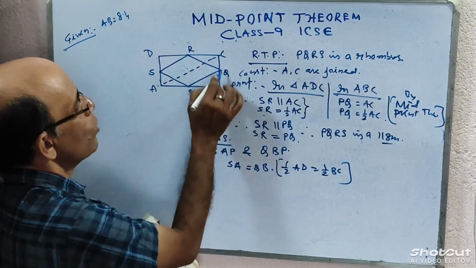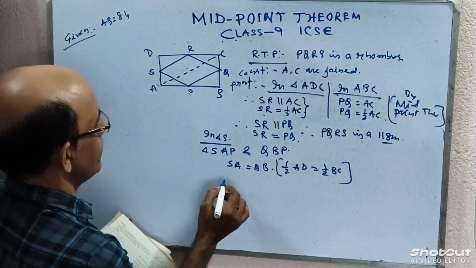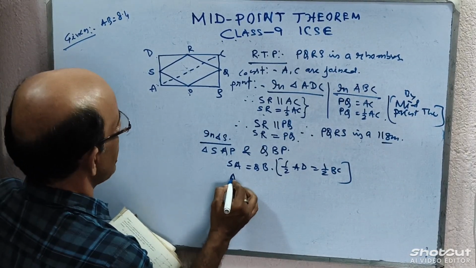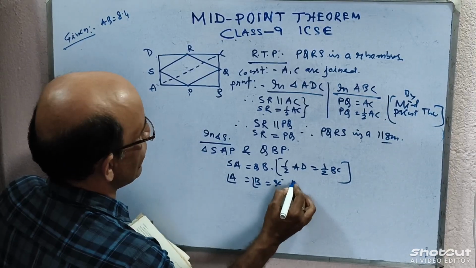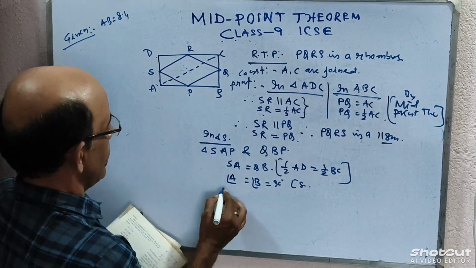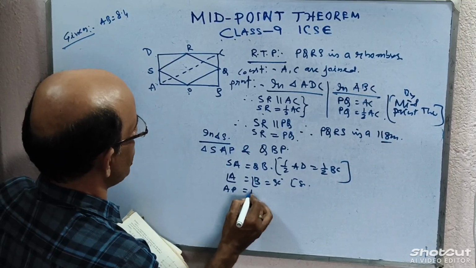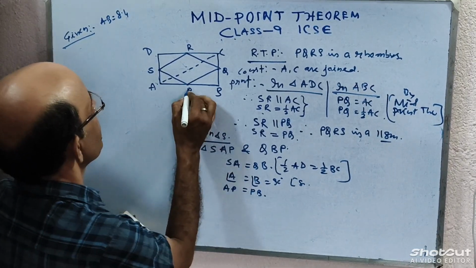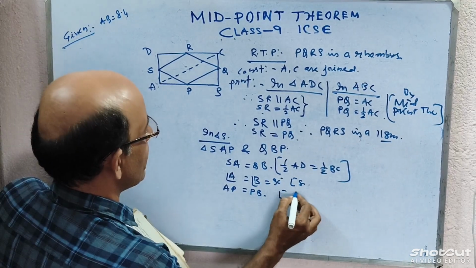AD is equal to BC because opposite sides of rectangle, given rectangle, and angle A is equal to angle B is equal to 90 degree given. And finally AP equal to BP because P is the midpoint of AB. Now given.